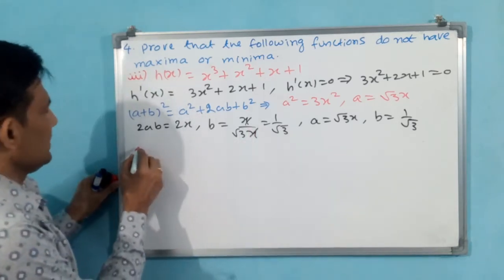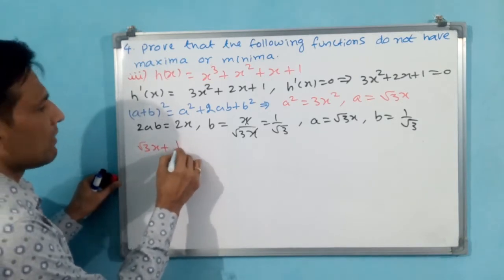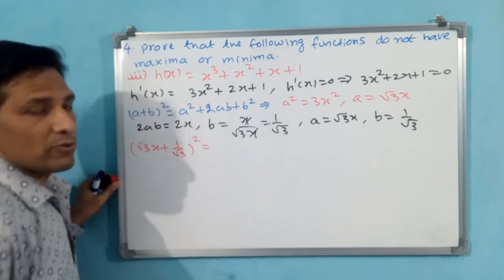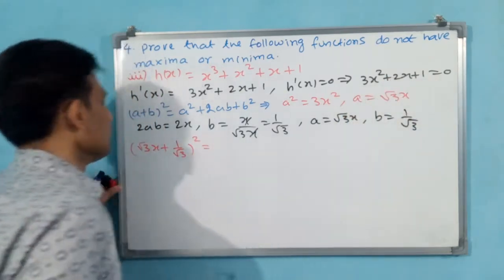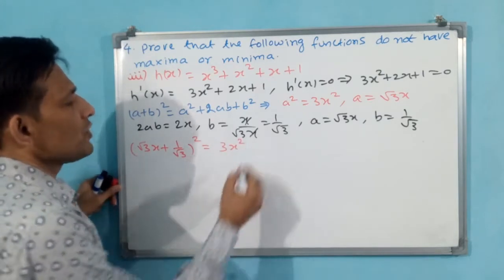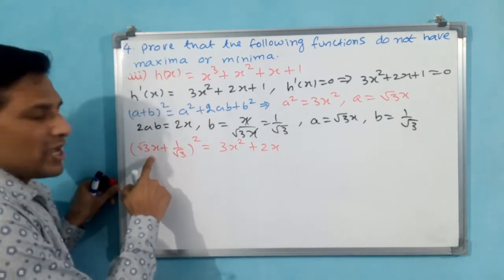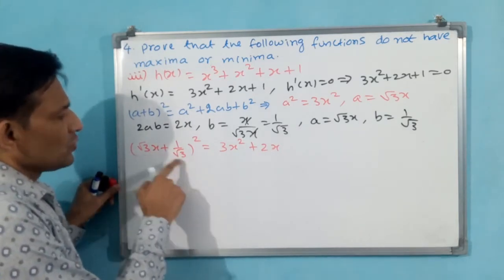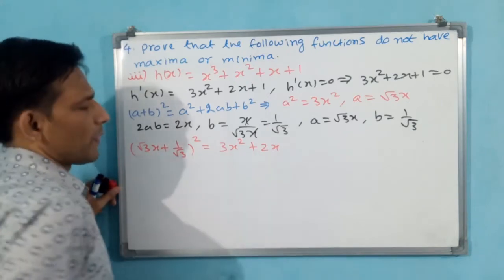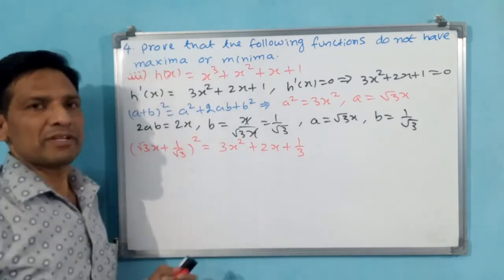Root 3 x plus 1 by root 3, whole square, is a plus b whole square, because both are positive here. a square is 3x square, plus 2ab is 2x, because a into b, root 3 gets cancelled, only x will be there, 2 into x, plus b square is 1 by 3, because 1 by root 3 whole square means 1 by 3.